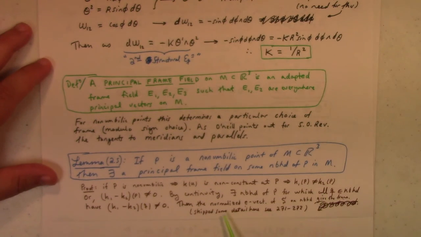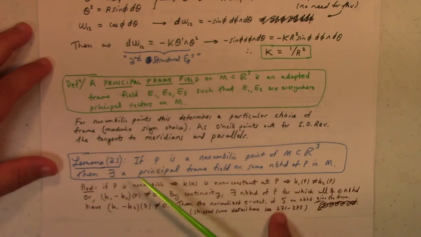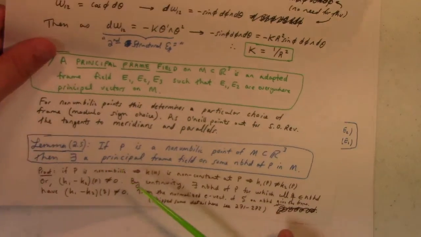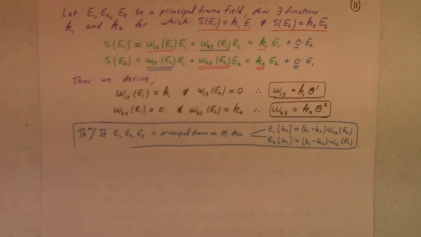And then O'Neill makes some argument that simultaneously normalizes eigenvectors of S in a neighborhood of the given frame. If you want to see the details, they're on pages 271 and 272. Something sneaky in that argument. But anyway, moving along here.